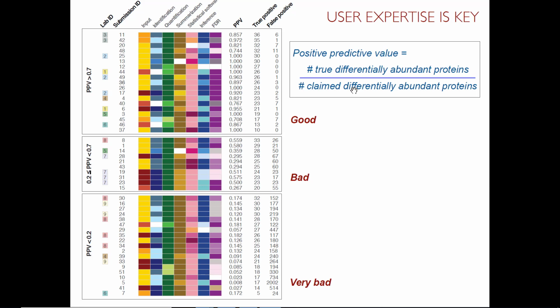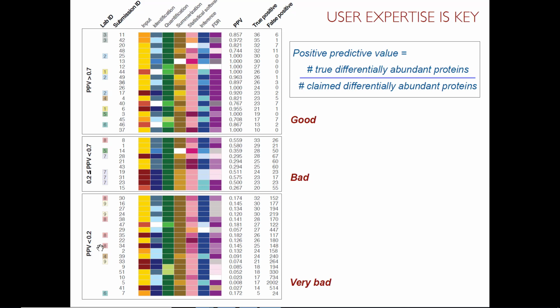Here we see that this group of submissions have positive predictive value of 70% or higher, so this is reasonably good. Here, the percentage of true changes among the reported changes is between 0.2 and 0.7. I would say it's not great, but below 0.2, it's really, really bad. So this is bad. That was the only thing we could use to separate the submissions.